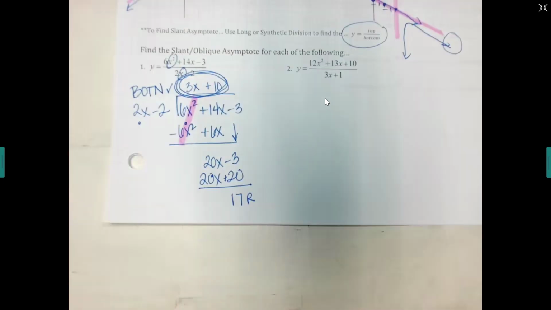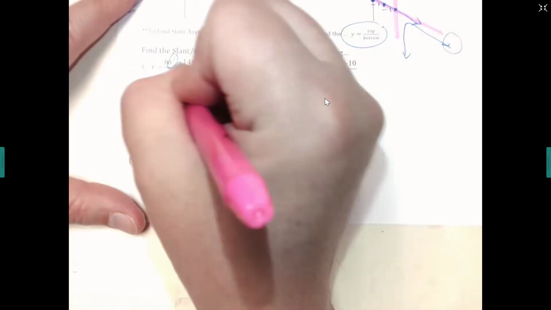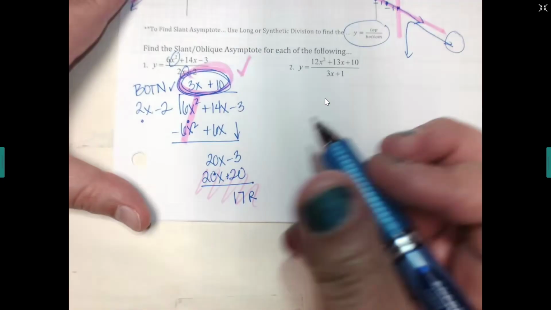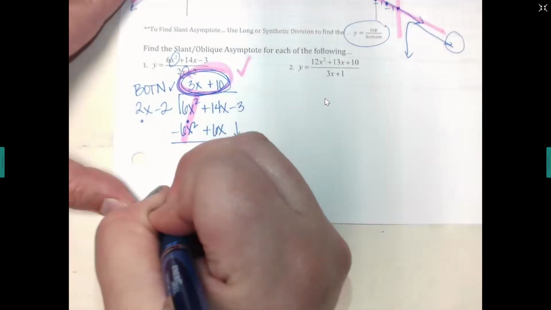But like I said, you don't need any of that bottom part. Once you have this top part, you're done. You don't actually need to finish out to the remainder. So your slant asymptote answer would be y equals 3x plus 10.